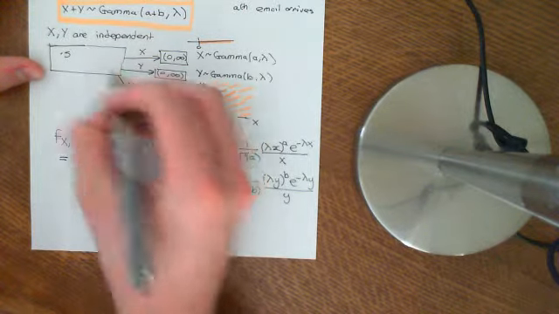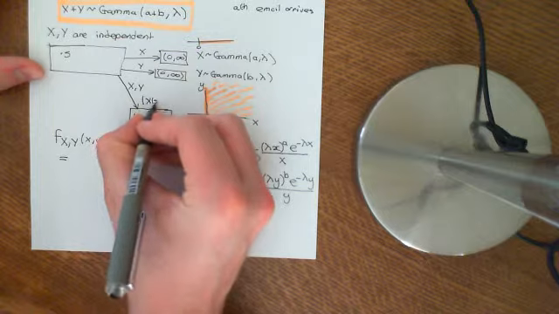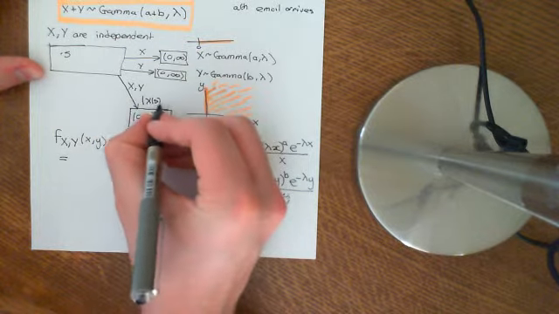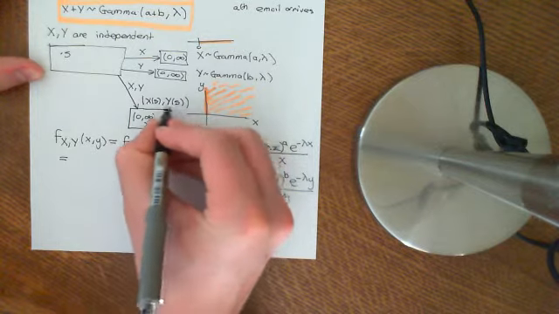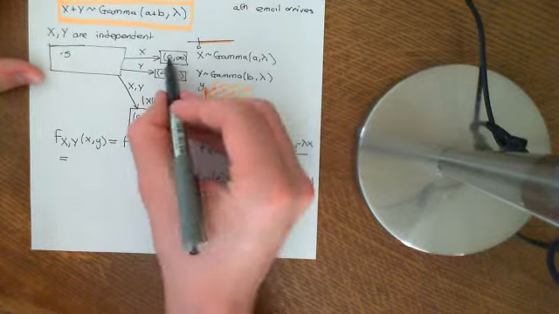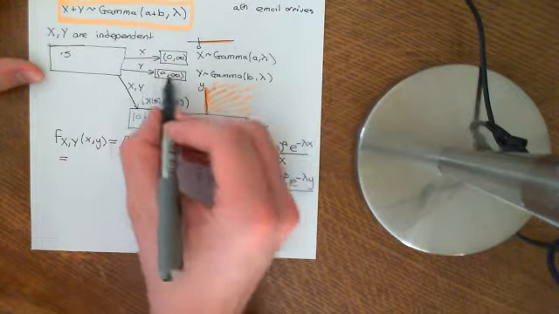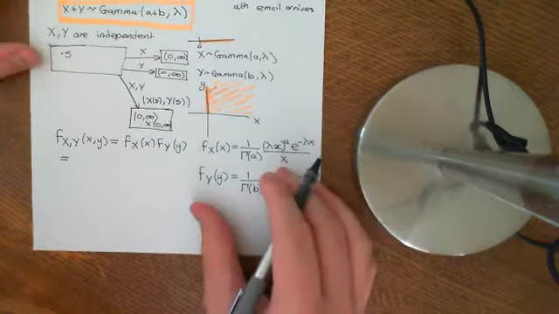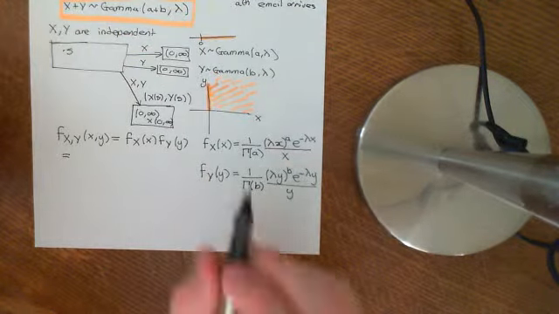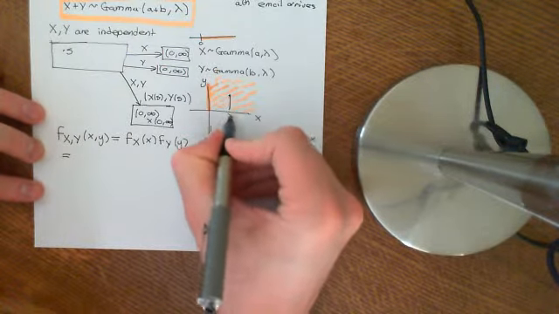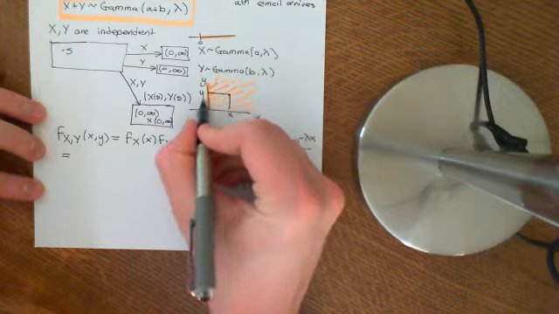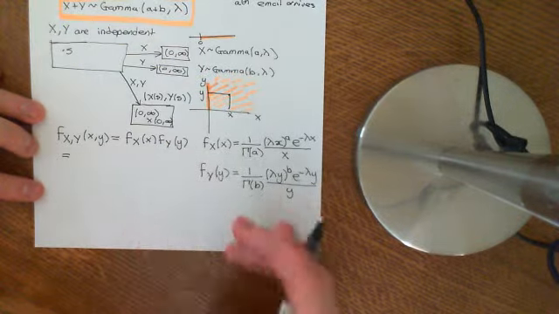So if x maps s onto x of s, then this x comma y, the joint random variable, is going to map you onto the ordered pair x of s, y of s, where x of s is what x maps s onto, and y of s is what y maps s onto. So basically, it's a very simple idea. Okay, and if we want to know the probability density function that you're at any point little x, little y, then this is the way we're going to calculate it.